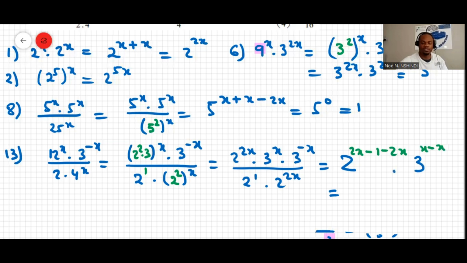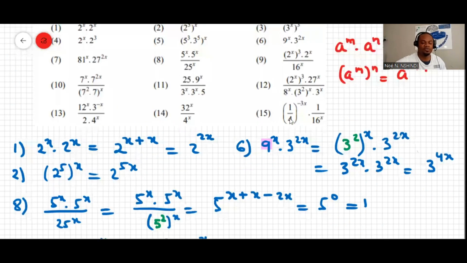There it will be 2 to the negative 1 multiplied by 3 to the power of 0. We do know that 3 to the power of 0 is just 1, and 2 to the negative 1 is 1 over 2, multiplied by 1, which is just a half. So we will leave the rest of the questions for you to practice.